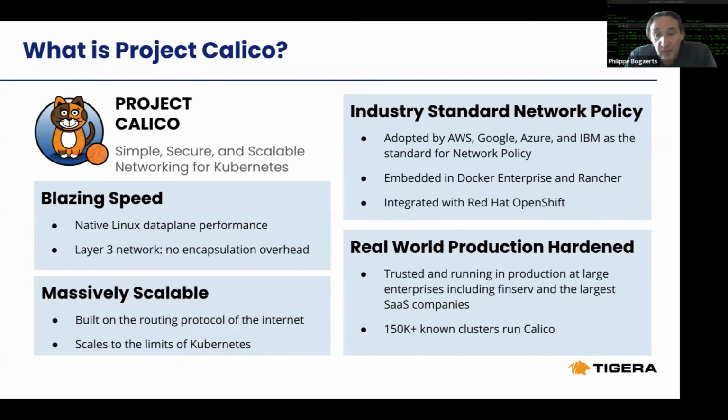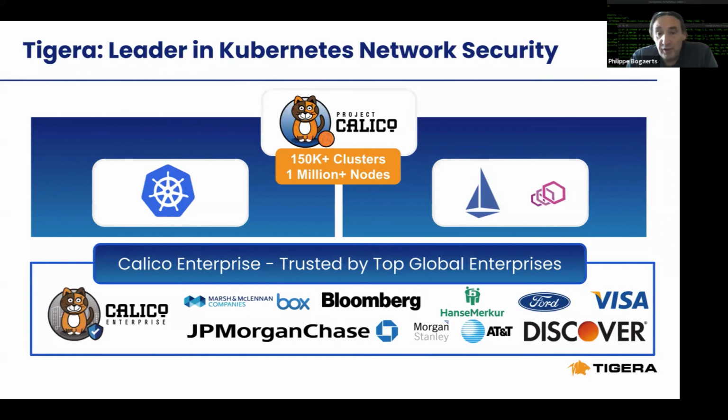So if you're looking for a stable and known CNI and security solution, Calico is a good way forward. It's used in the biggest companies around here, so we must have more than 1 million nodes that we know of.